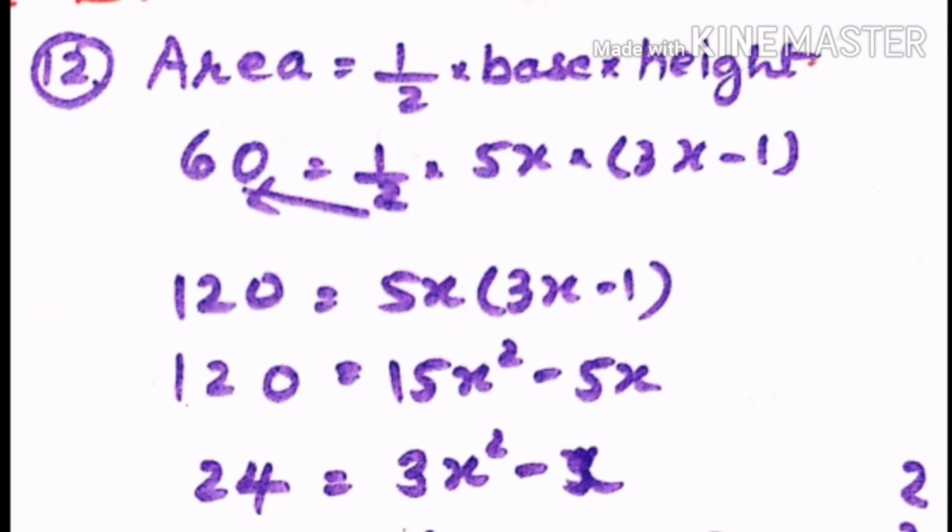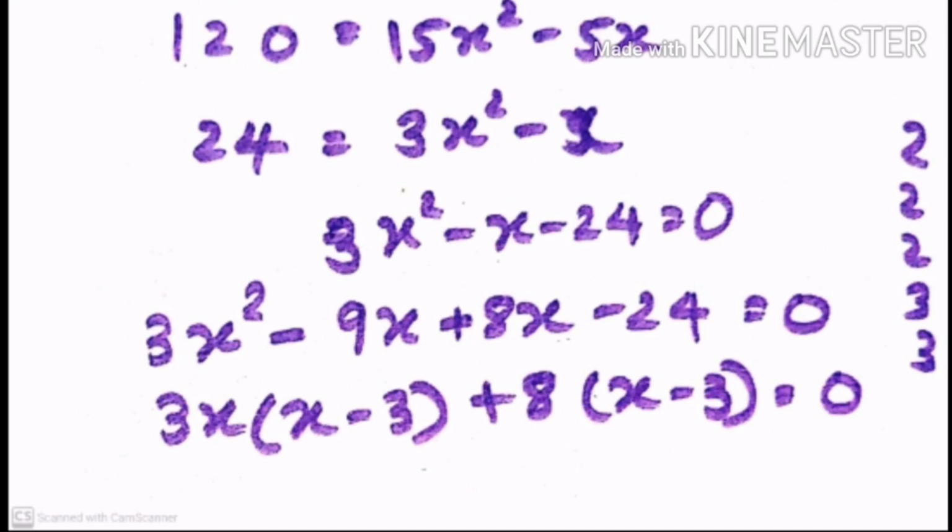If I divide it by 5, then it will reduce to 24 is equal to 3x square minus x. You can see that in the equation all the coefficients are multiples of 5, so you can reduce it as I have reduced. Now taking this 24 to the right side, we get the equation 3x square minus x minus 24 is equal to 0.